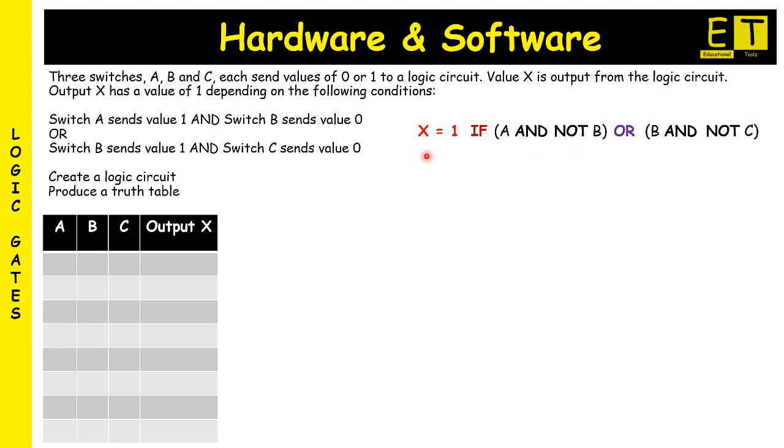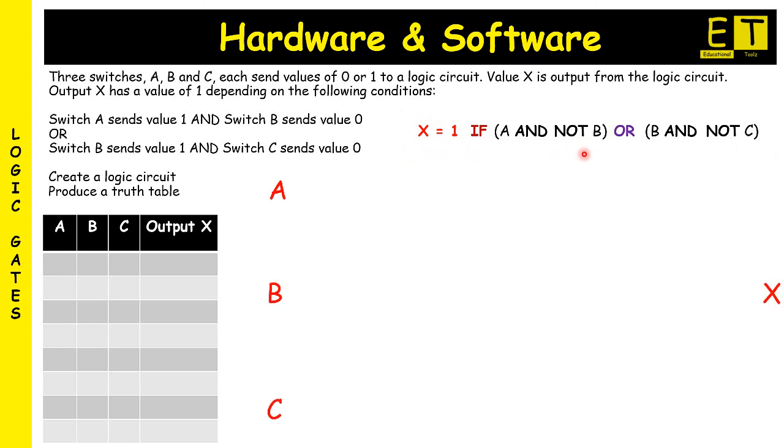So what we can see from here, X equals 1 if A and not B, or B and not C. So we can see that we have 3 inputs, A, B and C. So let's get our inputs in and our output X.